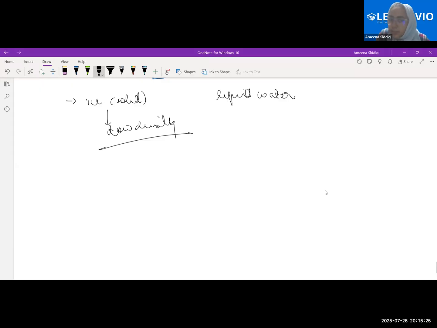How is that possible, although ice is a solid? See what happens. Ice, which is a solid, has some structural differences. Let's try to understand. Ice actually has some air spaces in between its particles.